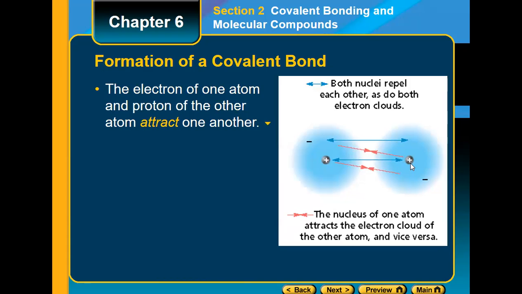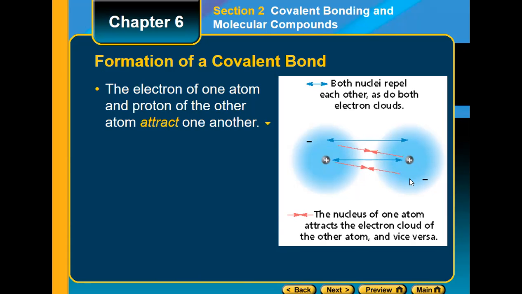Simply, there are different forces between these two atoms. First, we have a repulsion force between the two nuclei. The two nuclei are positive, so they repel each other. The electron clouds, or the energy levels, are negatively charged because of the presence of electrons, so they also repel each other. But at the same time, the positive nucleus of this atom could attract the electrons of the other atom, and the nucleus of that atom could attract the electrons of this one.